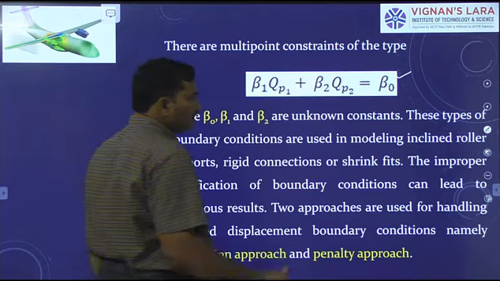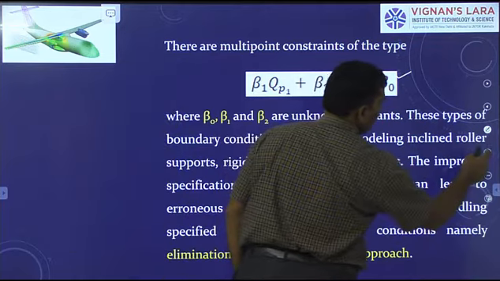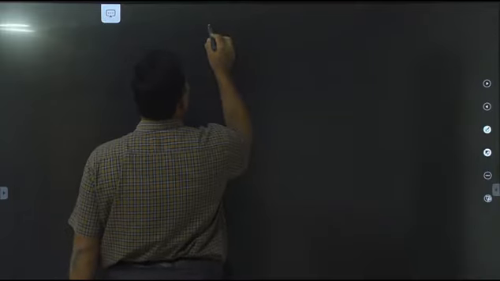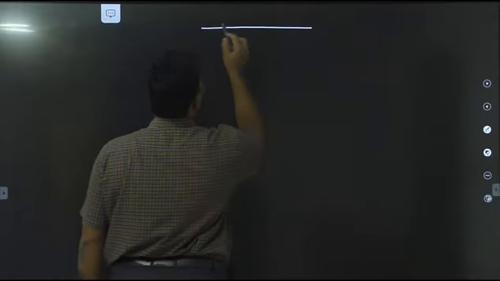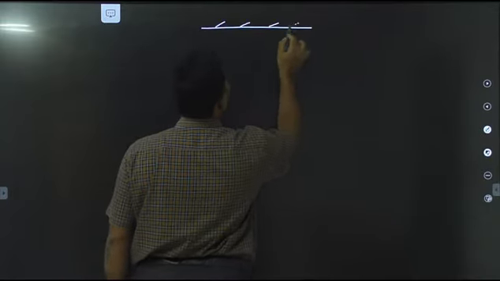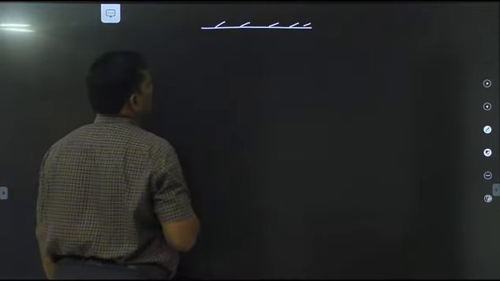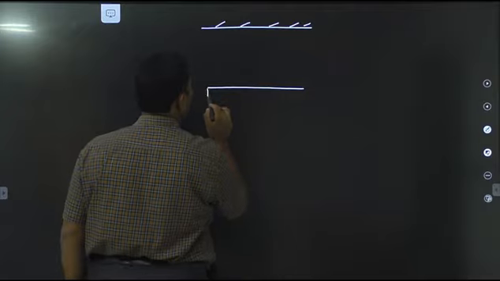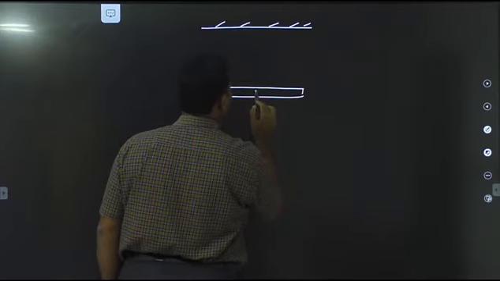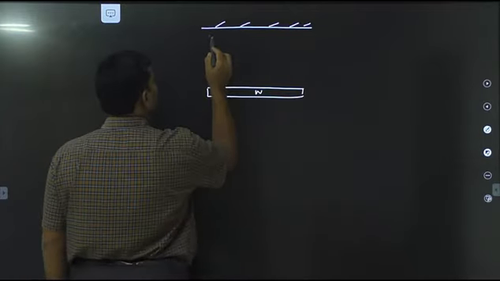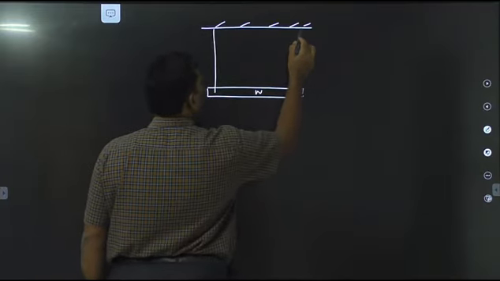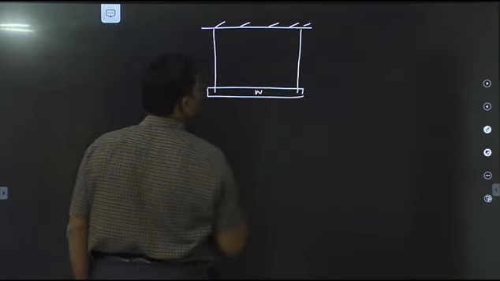I explain taking an example. Now, I have a rigid plane here. There is a bar of weight W. One end is suspended like this, and the other end is suspended like this.